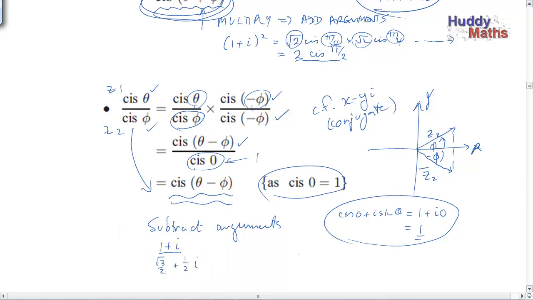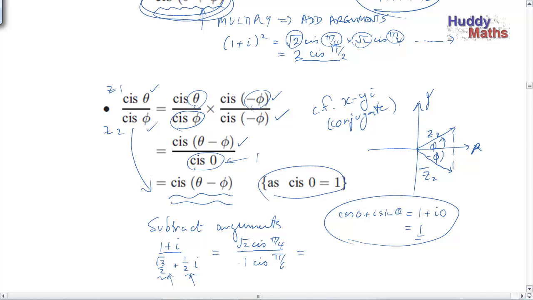So hang on, we'll just get rid of that. And so if we change it to polar form, it would be root 2 cis pi on 4. And this one here, what length has it got? Let's have a look. 3/4 plus a quarter. This is 1 cis. Now, this is the cos, and this is the sine, so you might recognise the angle, so it's pi on 6.